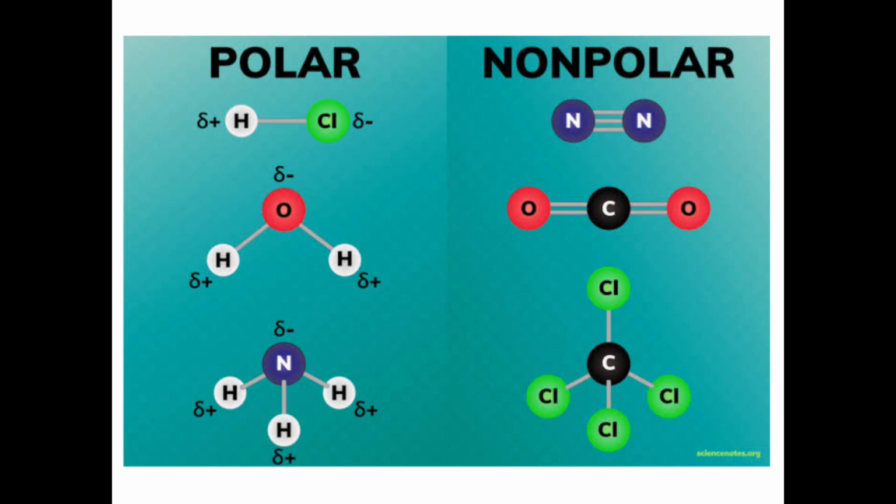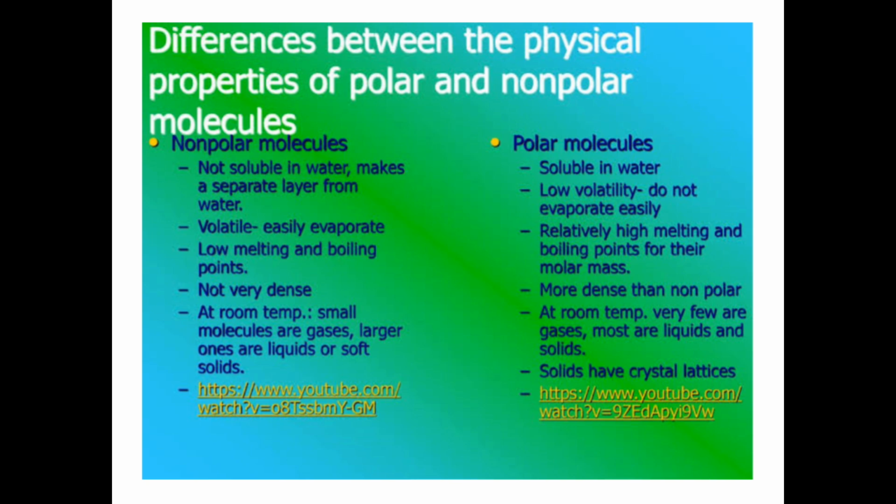HCl, H2O, NH3 are polar compounds because they have positive and negative poles. But non-polar, for instance, nitrogen, CO2, and CCl4, are non-polar because they do not have positive and negative poles. So what is the major difference between them? Non-polar molecules are not soluble in water, but they are soluble in non-polar solvents. But polar molecules are soluble in water.